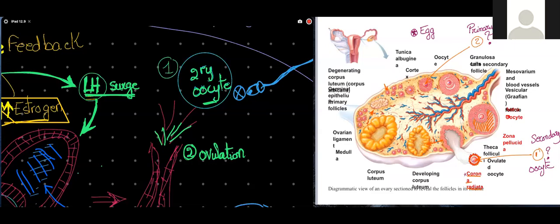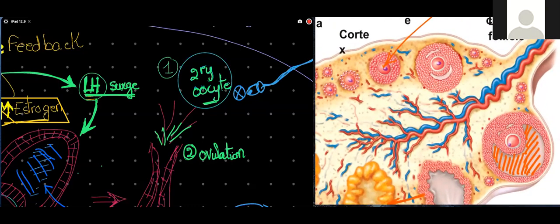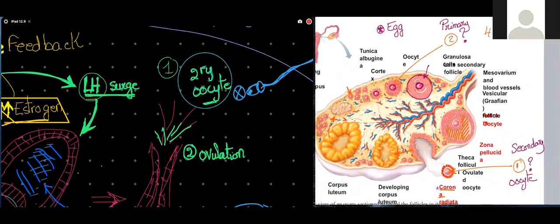When I ask about the egg, it is the gamete. The egg is surrounded by the granulosa cells and all together is called a follicle. The follicle is not the gamete. The gamete is the egg here at the center. Is this clear for everybody?